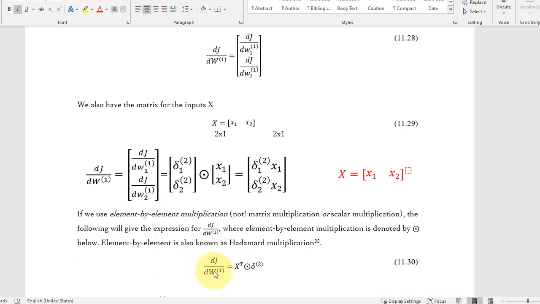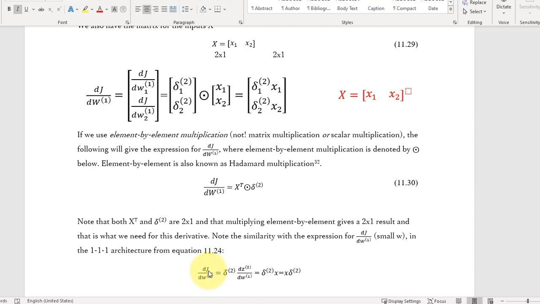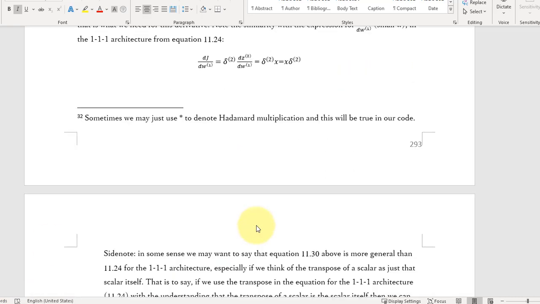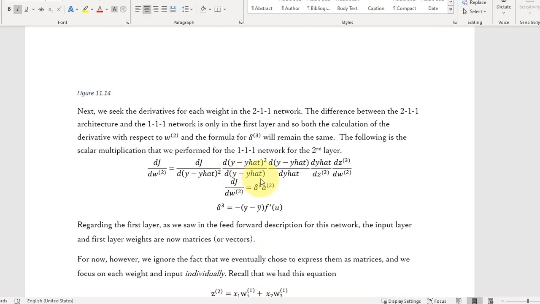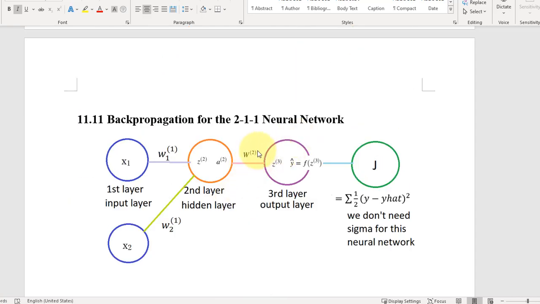So now we have this expression for dj with respect to the so-called matrix W1, which we said doesn't really make a lot of sense, but it just means this matrix. We have that matrix, and we have a way of expressing its calculation here, which is just a summary of this stuff here. And we also have the original one, the dj with respect to W2, in other words, this weight here.